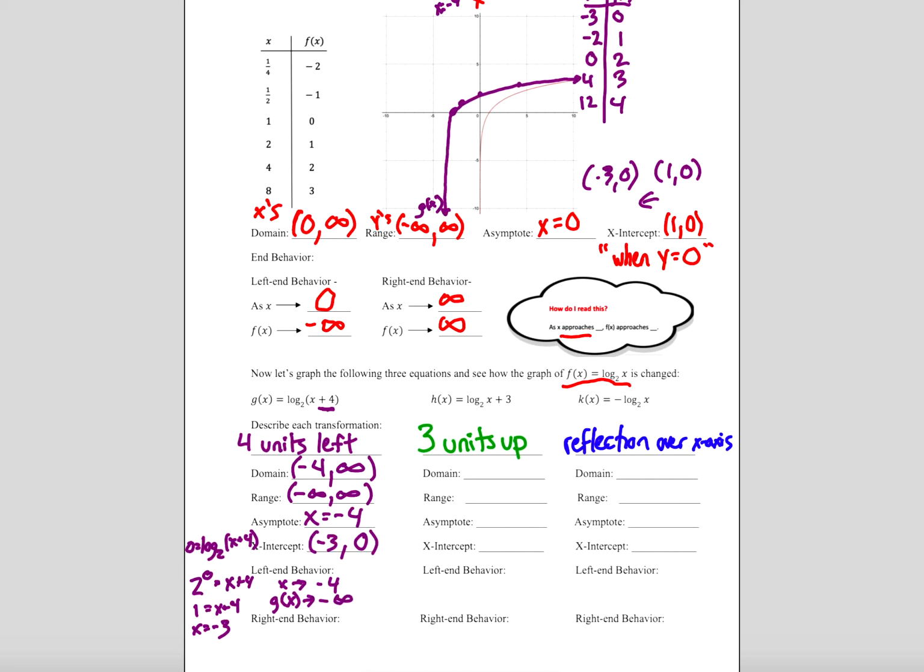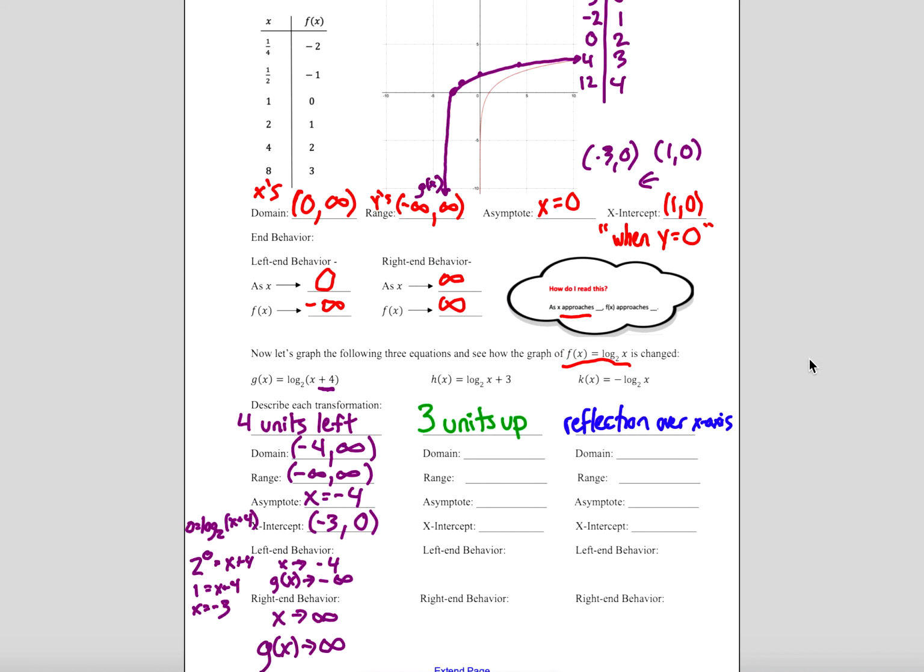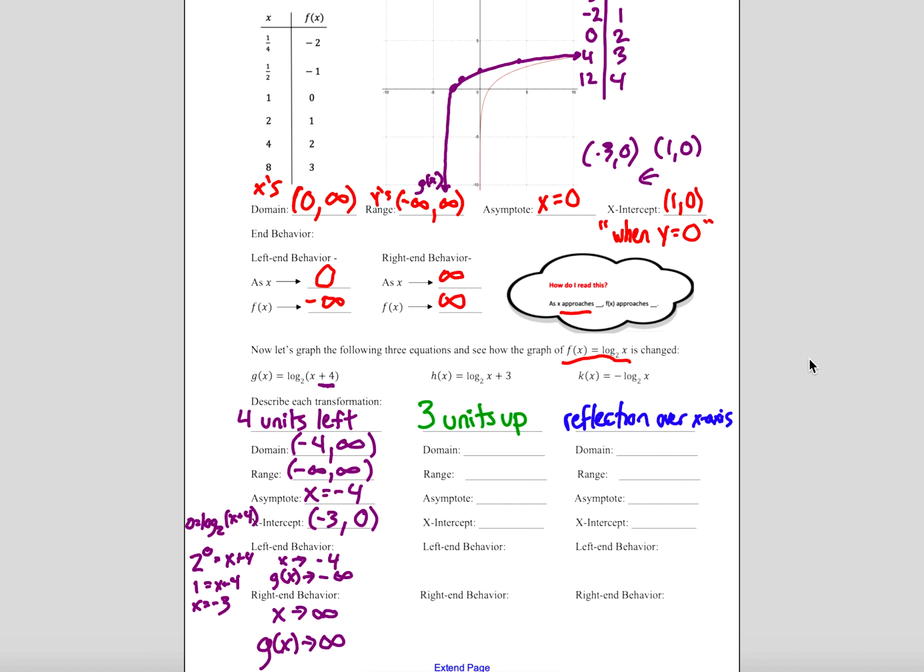And the right behavior, if I look to the right, as x keeps on going to the right, as x approaches infinity, g of x or y is going to approach infinity, just like the parent function log base 2 of x.